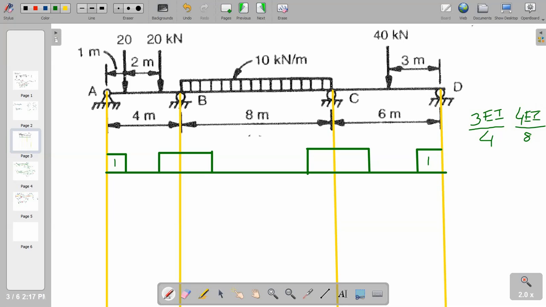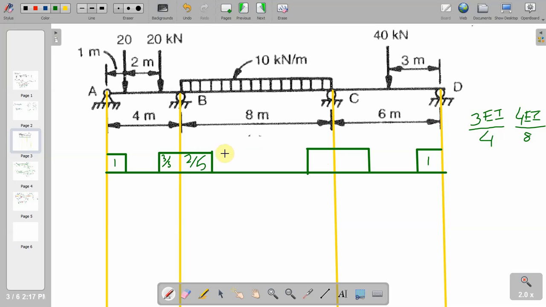Left side 3 by 4, right side 4 by 8. Now let's simplify that. 3/4, and the right side, 4/8, can be written as 2/4. So it is 3 on the left, 2 on the right, so it is 3 by 5 and 2 by 5. So I write here 3 by 5 and 2 by 5.